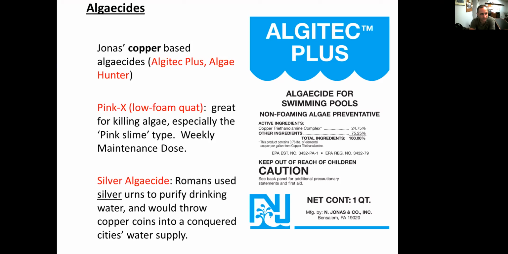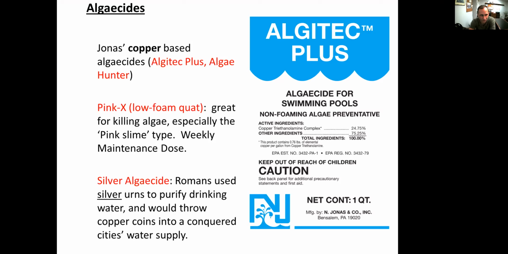And then another metal-based algicide is silver algicide. So instead of copper as the active ingredient, it's just silver. Metal algicides have been used for hundreds or even thousands of years. I read that, thought it was interesting.